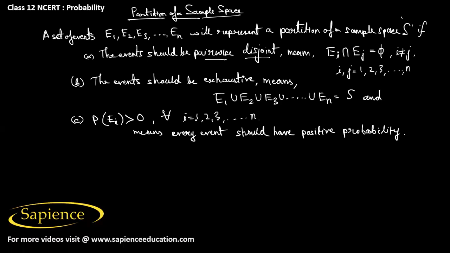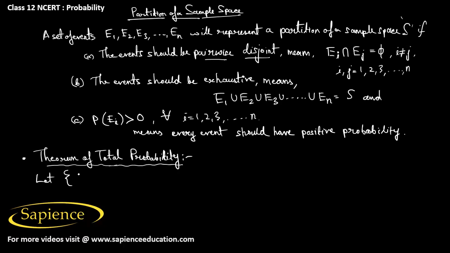So based on this, we have one theorem which is called the theorem of total probability. So now we shall state the theorem.